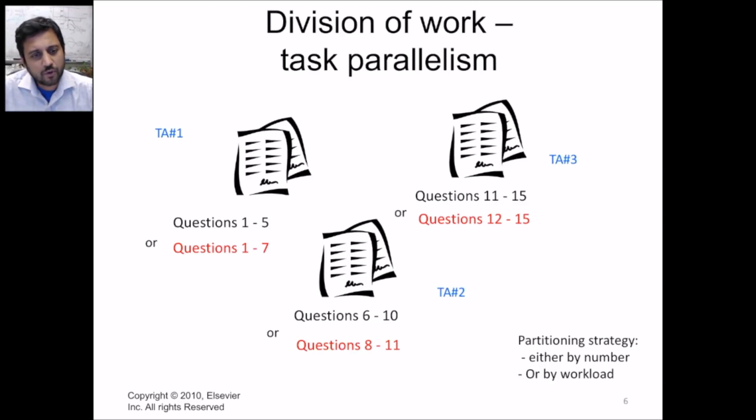For example, TA1 might get questions 1 through 5, TA2 might get questions 6 to 10, and TA3 may get questions 11 through 15. These are two alternative strategies that we can deploy to parallelize the task of grading. And we will be focusing on task parallelism, which is to focus on how different tasks can be performed by different computers in a parallel setting.